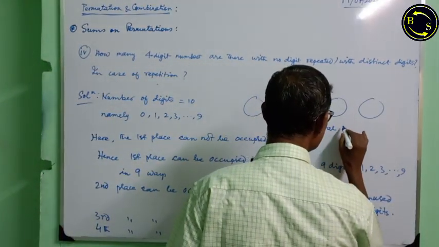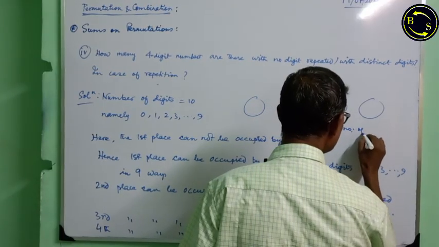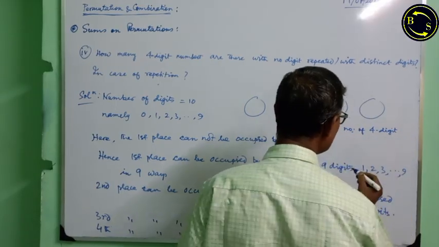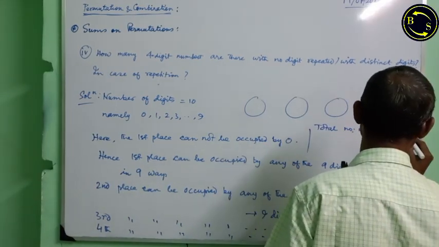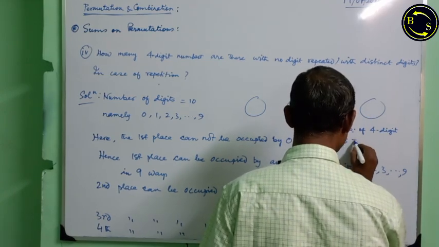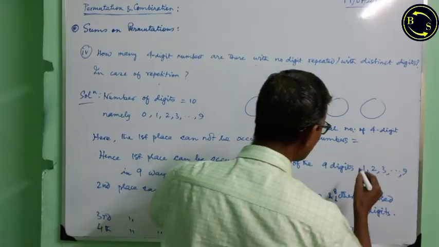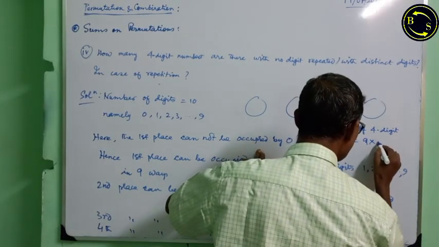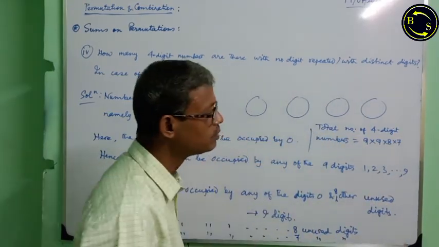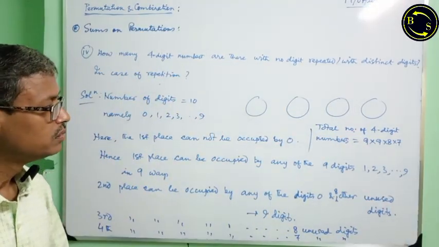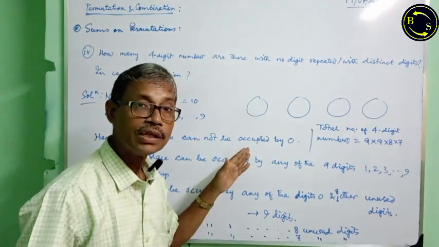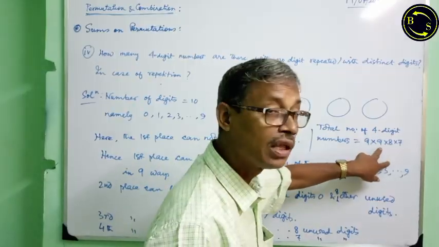Then the total number of 4-digit numbers is equal to, for one number, the second place can be filled in 9 ways.